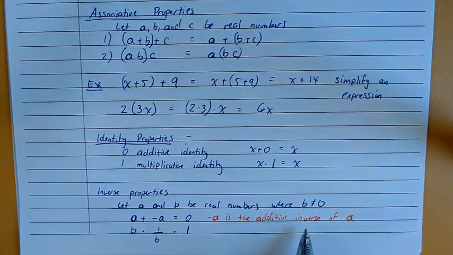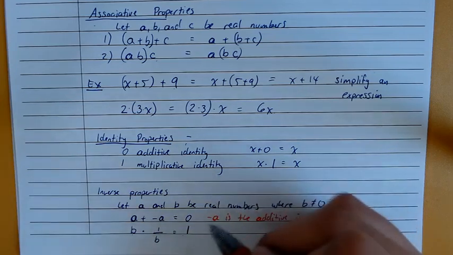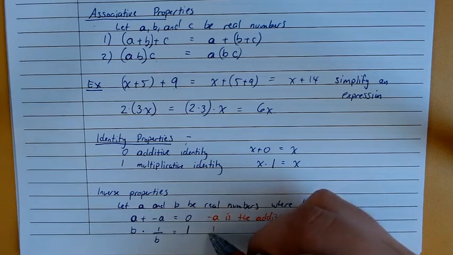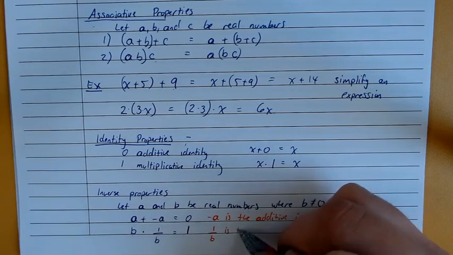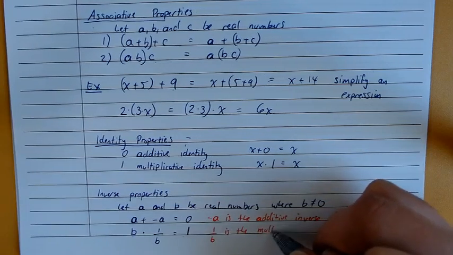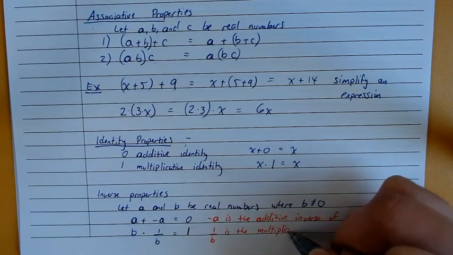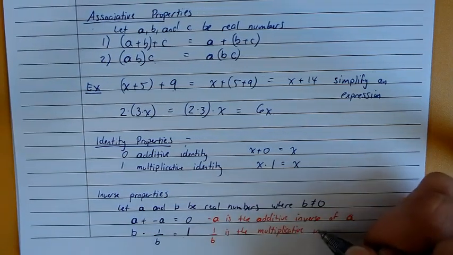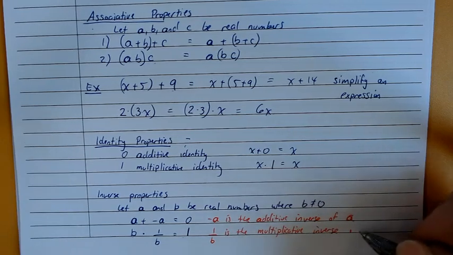Now, additive inverse is the formal name when it comes to using this property. However, a lot of times people use the word opposite. They have opposite signs. Same thing here. A lot of times people will say these are reciprocals, and that's a perfectly acceptable phrase to use. However, if we're being a little more formal about it, 1 over b is the multiplicative inverse of b.